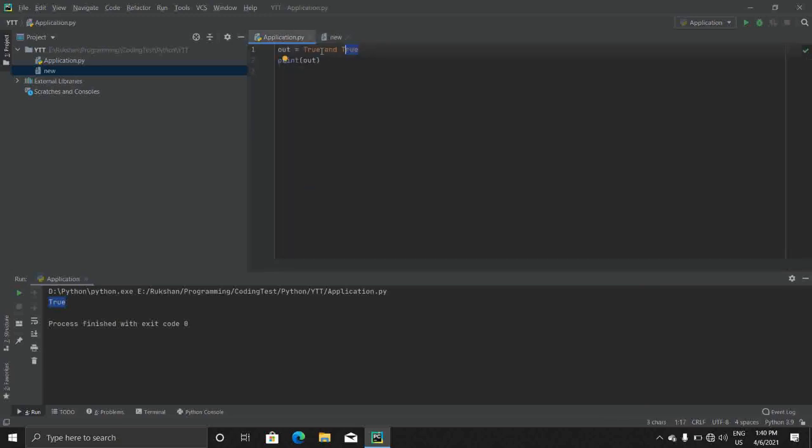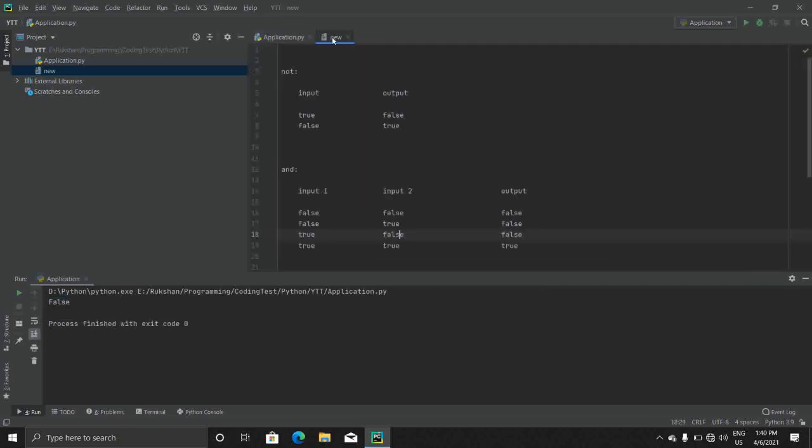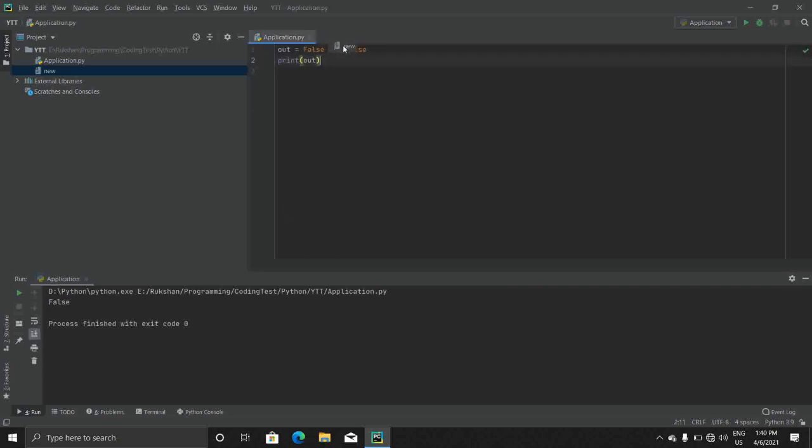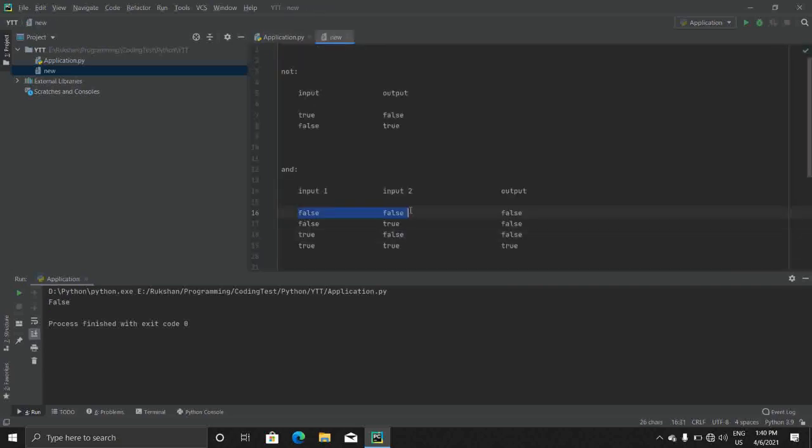Let's try other values. I put false instead of this true value. We get false. It's correct. When we put false as both inputs, we get false.